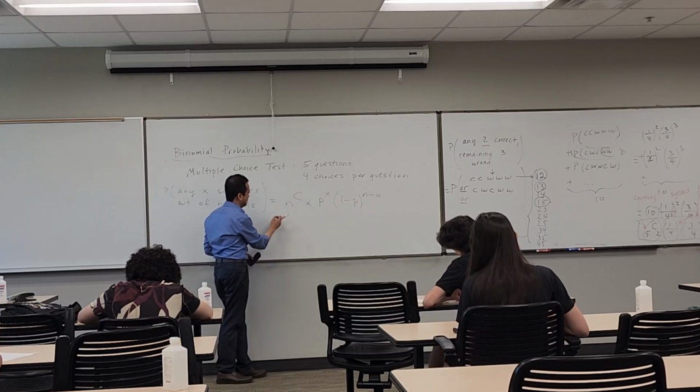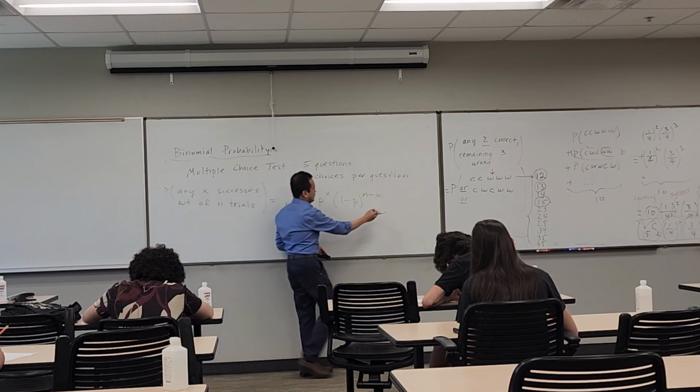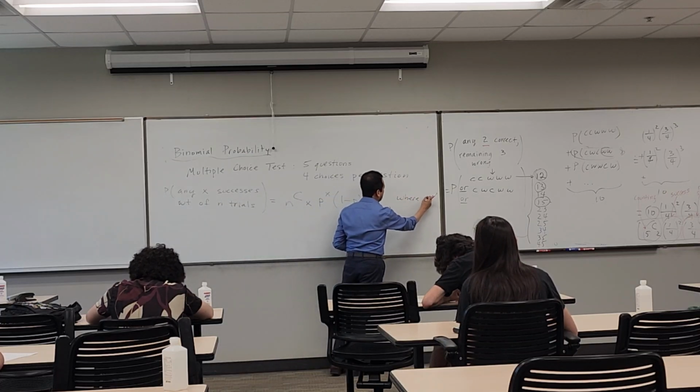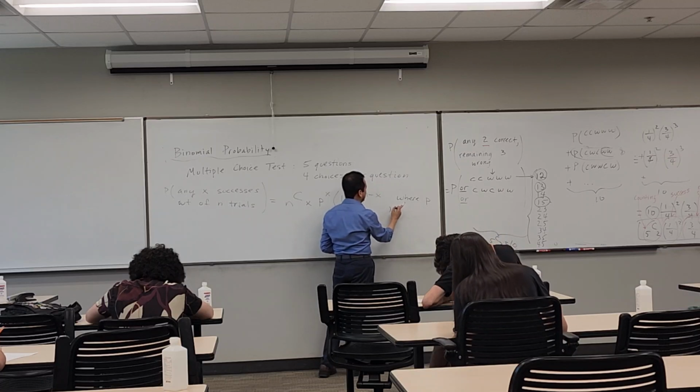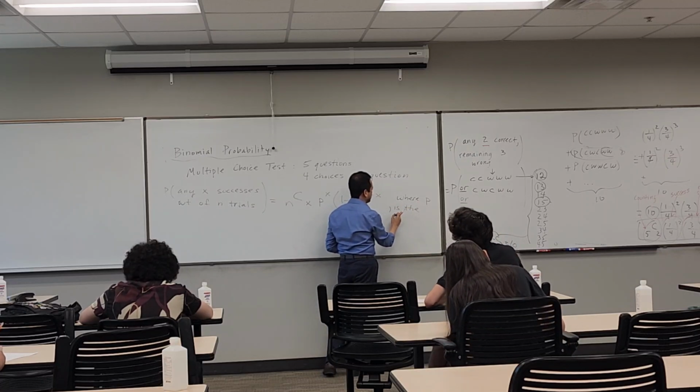Here p is defined as the probability of success per try.